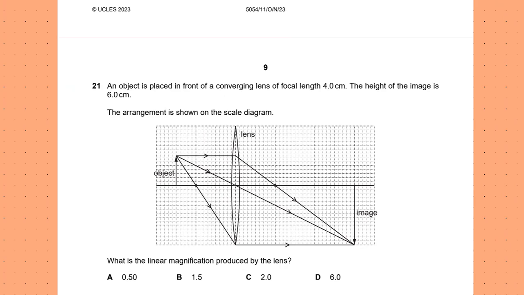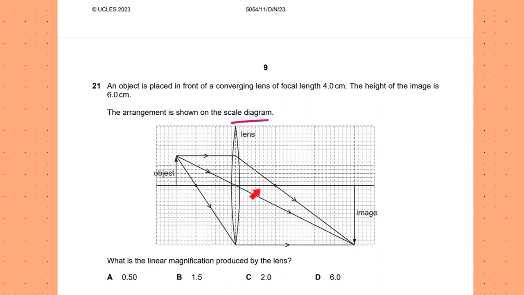Alright, 21. An object is placed in front of a converging lens of focal length 4 centimeters. Height of the image is 6 centimeters. Arrangement is shown on the scale diagram. So this is not a drawn to scale diagram. This is scaled. So the focal length is 4 centimeters. If I look here, this is the center of the lens.